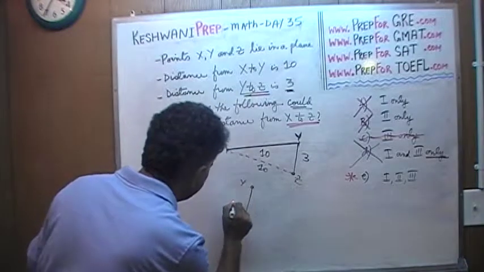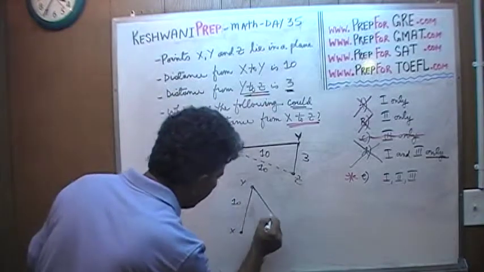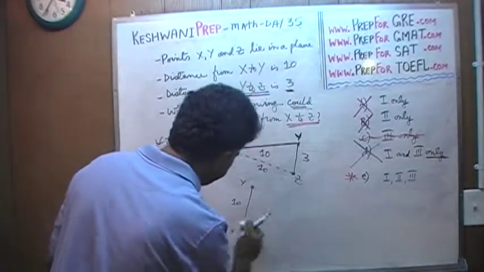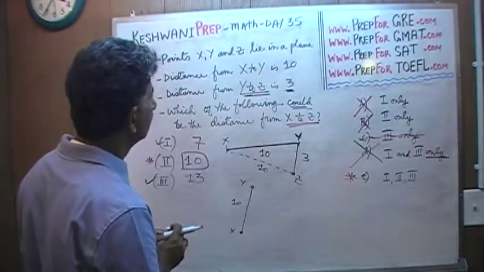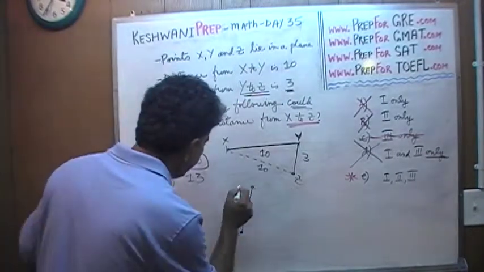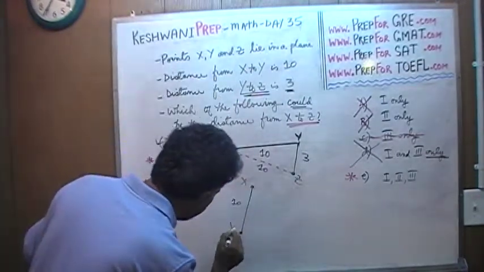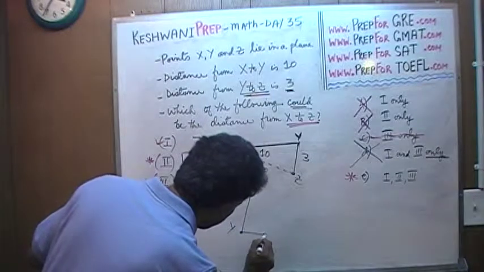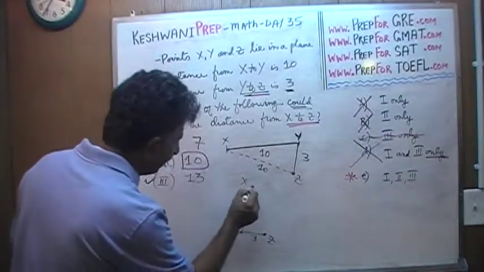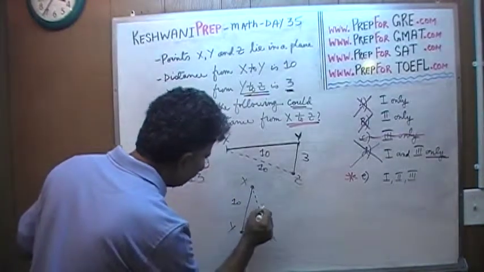X to y is 10. We are told that y to z is 3, so let's bring the y down. This is your x, this is your y, and y to z is 3.